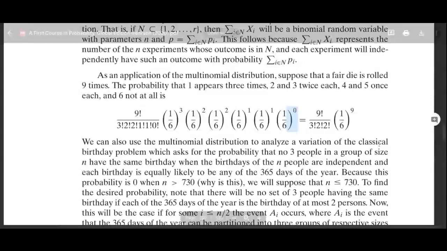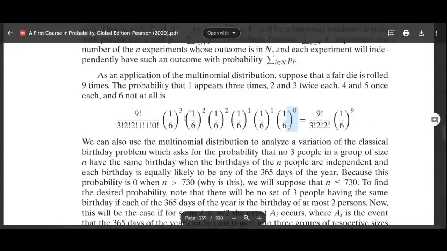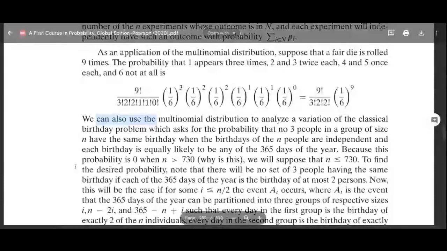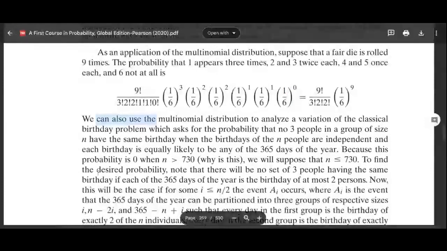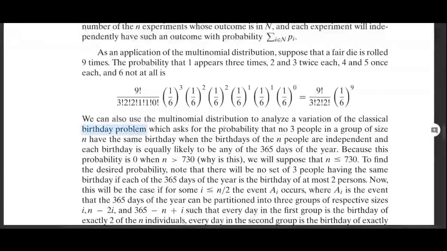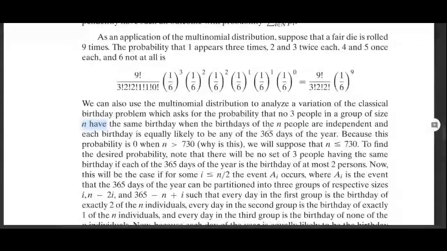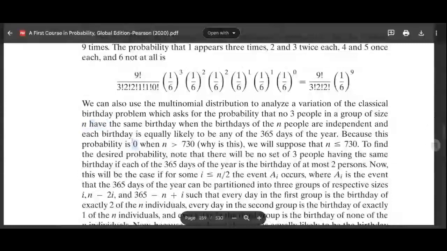Sorry, guys. So let's see this. We can also use a multinomial distribution to analyze a variation of the classical birthday problem, which asks for the probability that no 3 people in a group of size n have the same birthday, when the birthdays of n people are independent and each birthday is equally likely to be any of the 365 days of the year.